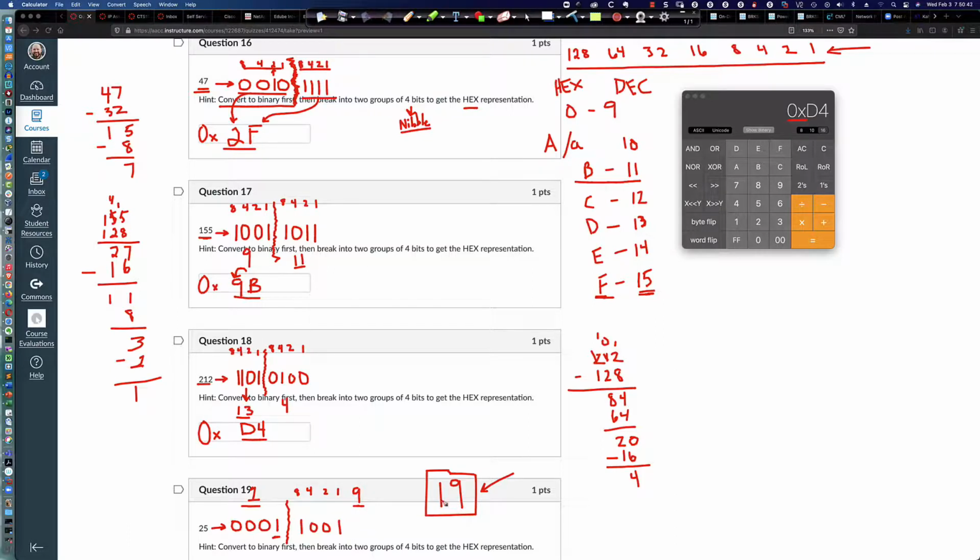And it could cause a lot of confusion. So it just so happens that the answer to number 19 is not the decimal 19. It is, and let me get rid of that, that's a terrible zero, 0x19. Okay? That is the hexadecimal representation that we want.